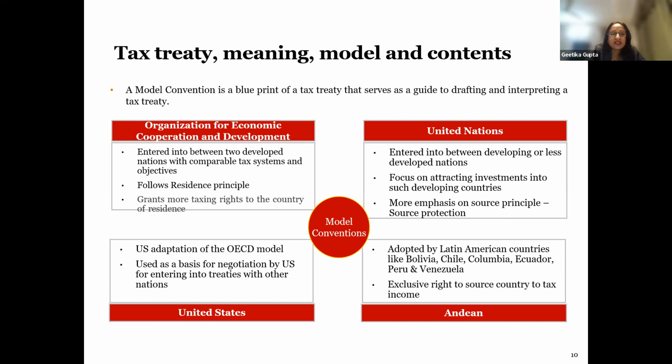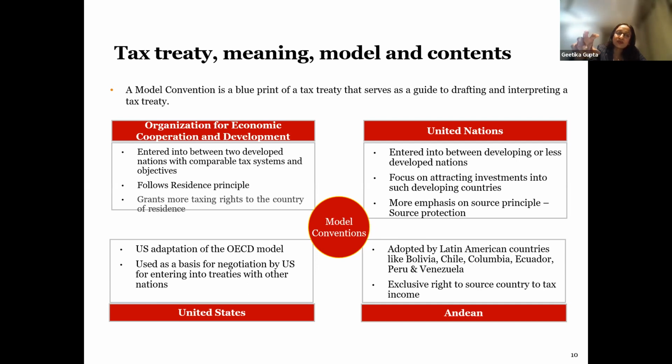Talking first about the OECD, it was framed by the members from the developed countries, and it gives importance to residence-based taxation. In contradistinction to the OECD, the UN model focuses on source-based taxation, and it represents a compromise between the developing and the developed nations.